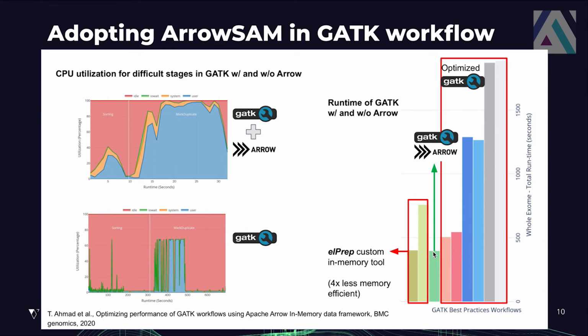Even if we compare our GATK Arrow-based pipeline with custom-made pipelines such as LPrep, which uses in-memory data access, we see that we are still a little bit faster than the fastest optimized version of it, but with a large improvement in the data memory utilization efficiency. We use 4 times less memory compared to the memory requirements of LPrep.